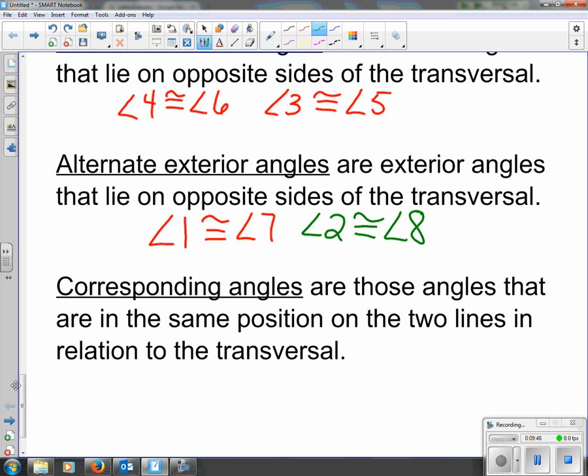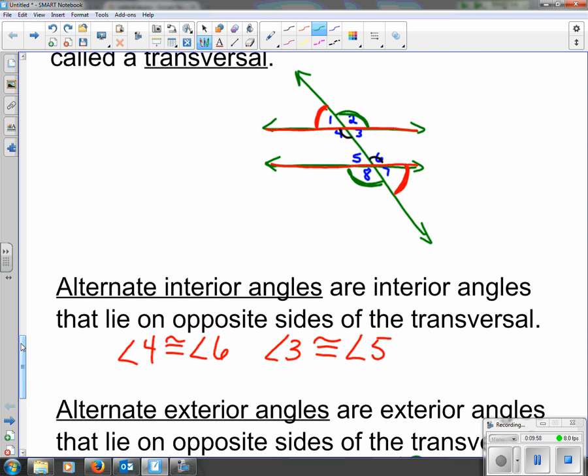Now, corresponding angles are those angles that are in the same position on the two lines in relation to the transversal, okay? So, for example, in this example, angle 2 and angle 6 are in the same position in relation to the transversal.